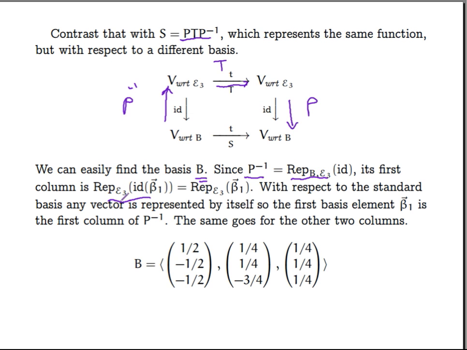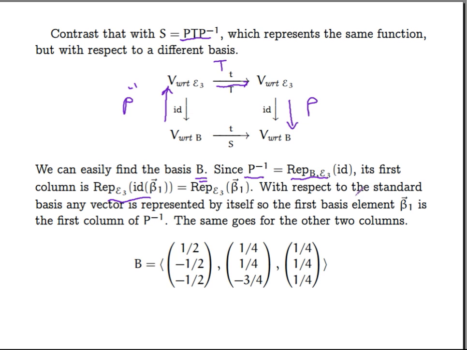Now this representation with respect to the standard basis is particularly easy. It's just the vector represented in ordinary coordinates. Okay, so with respect to the standard basis, any vector is represented by itself. So the first basis element B1 is the first column of P inverse.